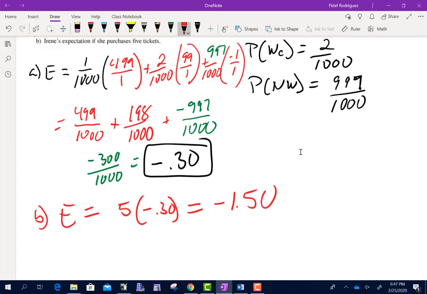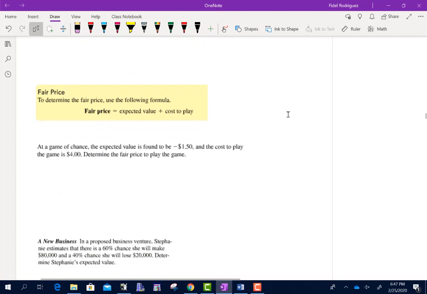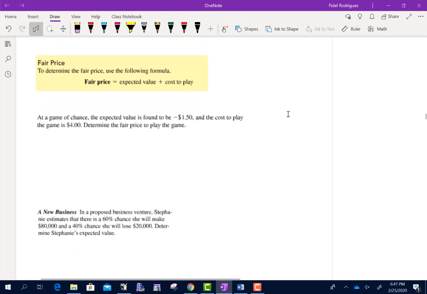All right, let's move on to the next problem. Fair price says determine the fair price, using the following formula. Fair price is equal to the expected value plus the cost to play. So here's our first problem. At a game of chance, the expected value is found to be negative $1.50. The cost to play the game is $4. Determine the fair price to play the game.